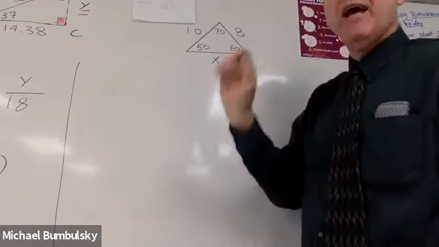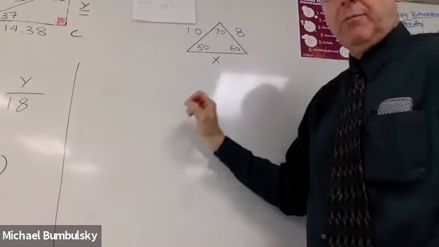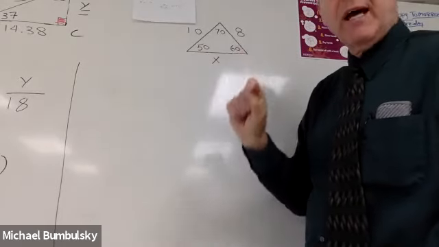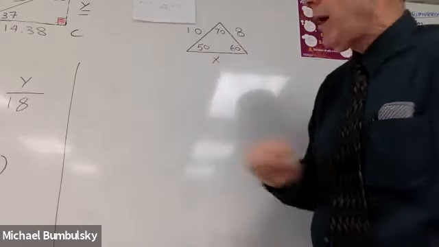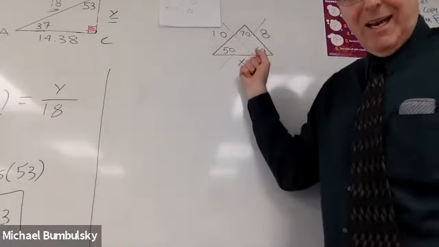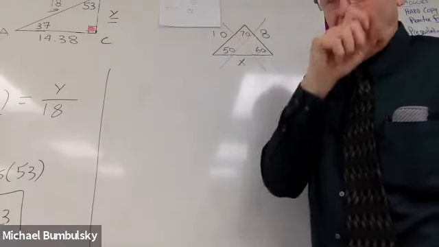You've got to make sure you have the right tool for the right type of problem. You cannot use the Pythagorean theorem. I cannot use trigonometry, sine, cosine, and tangent, because sine, cosine, and tangent all require a right triangle. So I do not know how to solve that problem yet. But keep that one in mind. By next week, we'll have a way to solve that.